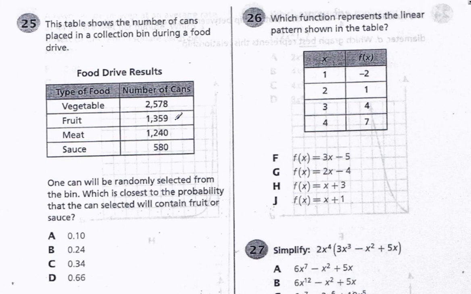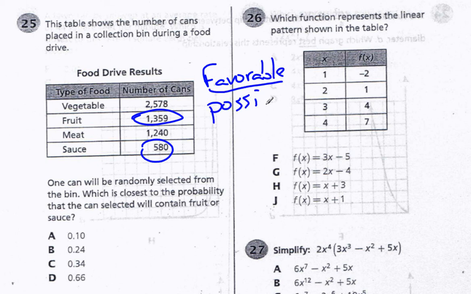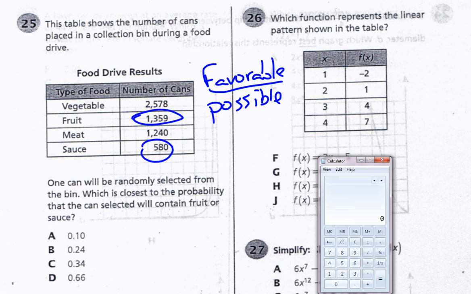This table shows the number of cans placed in the collection bin. One is randomly selected. What is the probability it'll be fruit or sauce? So here's what we want. Remember, anytime we do probability, it's the number of favorable outcomes divided by the number of possible outcomes. So we add up our favorable outcomes. 1359 plus 580, that's 1939.